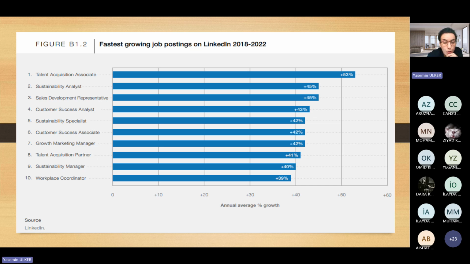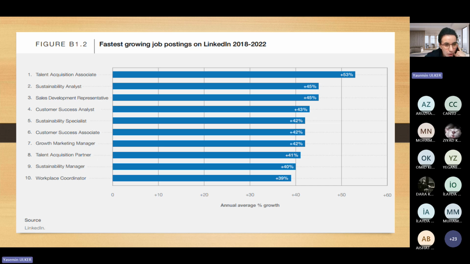So, fastest growing job postings on LinkedIn between 2018 and 2020. Talent acquisition associate. Do you see the second one? Sustainability analyst. What is the third one? Sales development representative, customer success analyst, sustainability specialist again, sustainability manager.